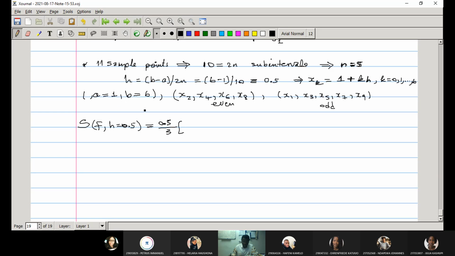Then we have f of 1 plus f of 6 plus, now we know that for even, it is 2h by 3. So that will be 1 here, 2 times 0.5 is 1. That's 1 by 3, which is 0.333.